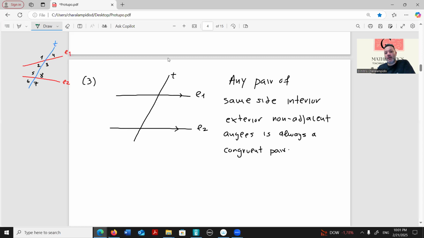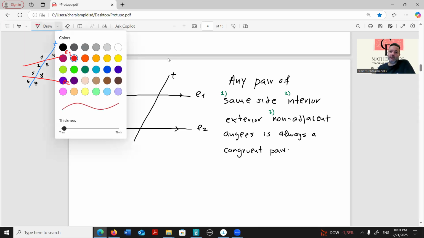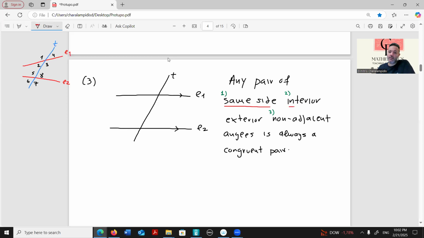Again, they should have three properties: same side, interior exterior, and non-adjacent.